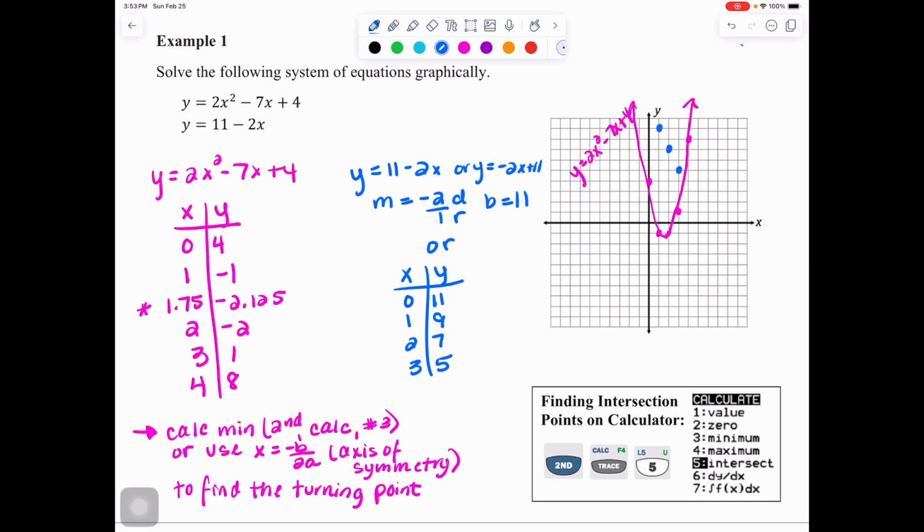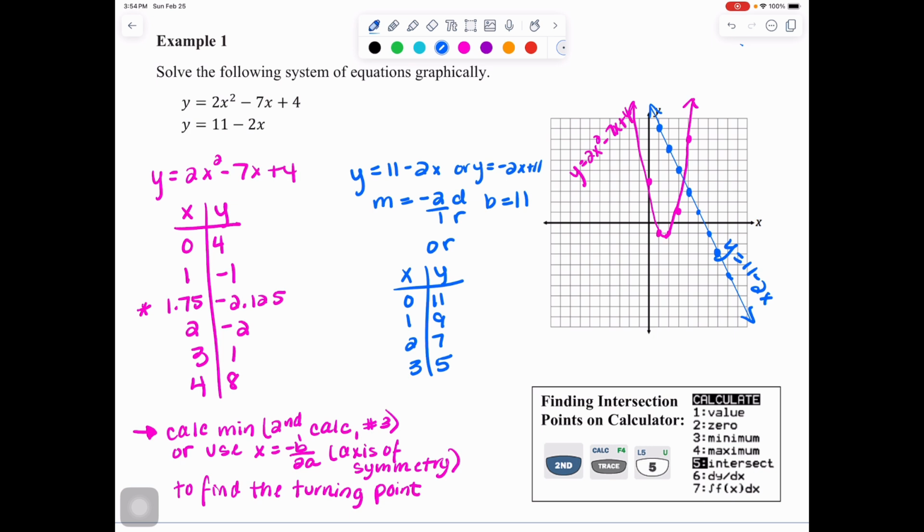And because I know the slope is down 2 to the right 1, I can continue to follow that pattern and then grab my ruler as my straight edge to get my graph. Make sure to place arrows on both ends and label with your equation y equals 11 minus 2x.